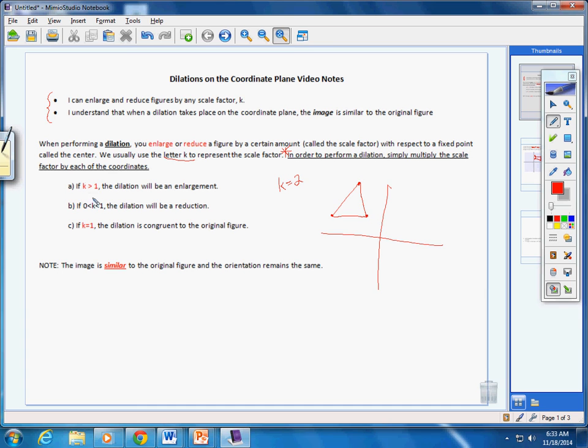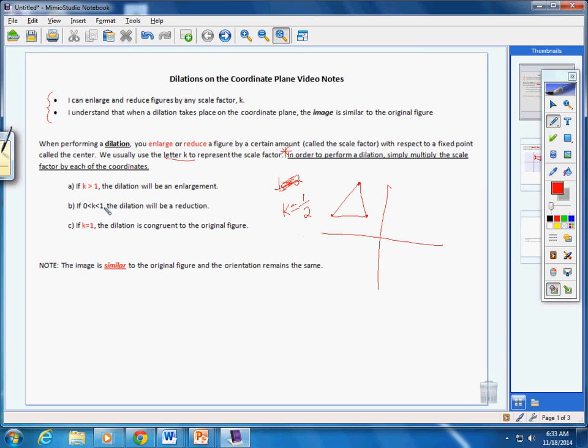Secondly, these three things are pretty important, okay? B, if k is between 0 and 1, then the dilation is going to be a reduction. So I'll give you another example. Let's pretend we're dealing with the same triangle, and your scale factor is just 1/2, or 1/3, or 2/7.